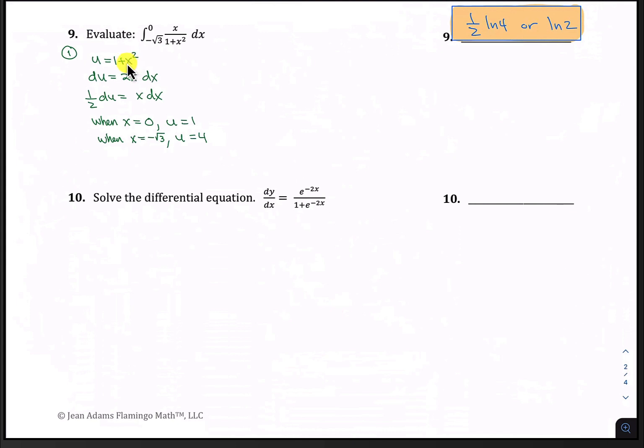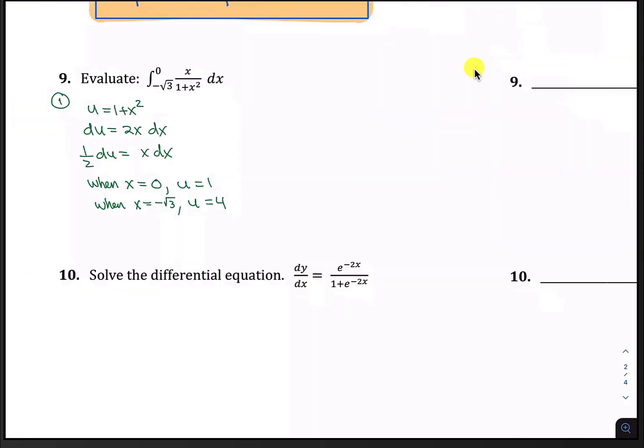Well, that's just going to be 3, plus 1 makes 4. So these are going to be my new limits. When x equals 0, u is 1, so 1 is going to be the upper limit. And when x is negative square root of 3, u is 4, that's going to be the lower limit.